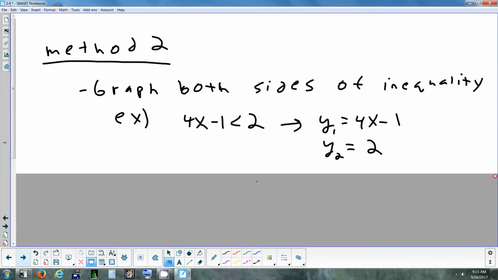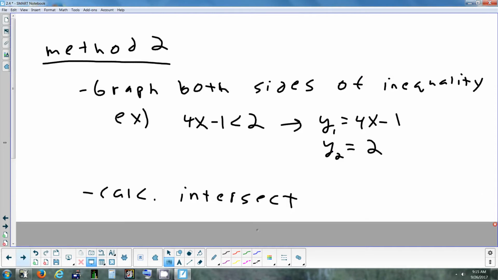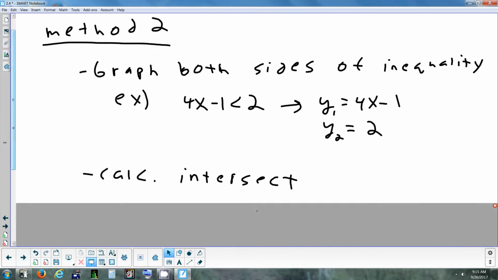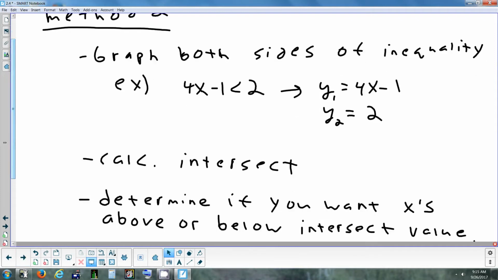Second method. The second method involves not getting it equal to 0, just graphing what's on the left in y1, put what's on the right in y2, and then calculate an intersect. But it's still the same idea.